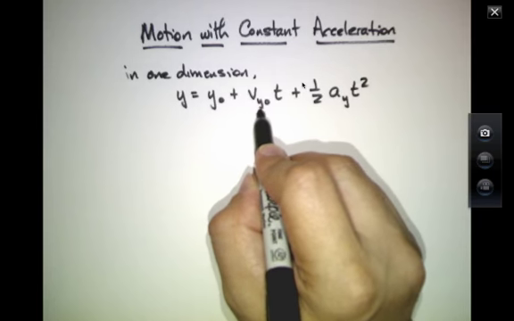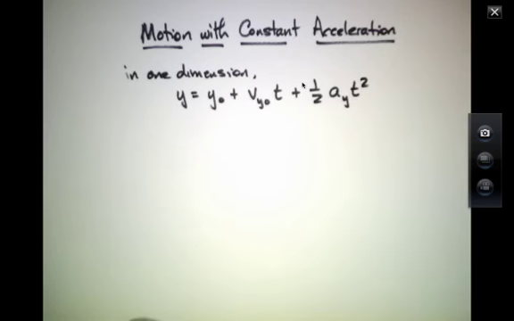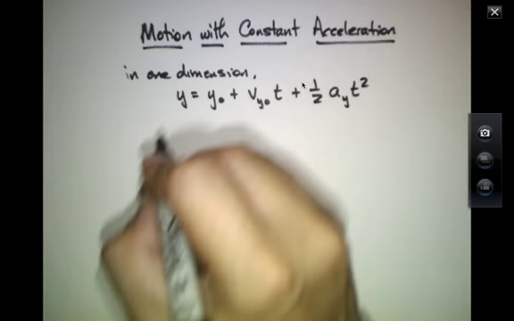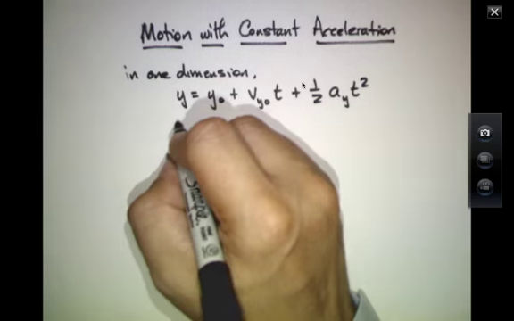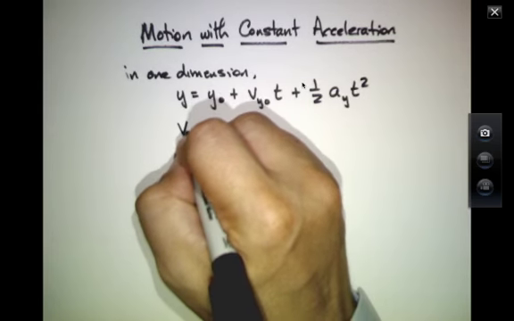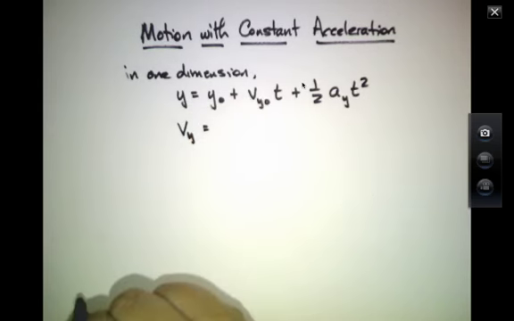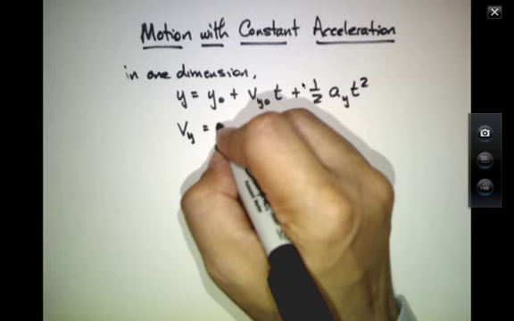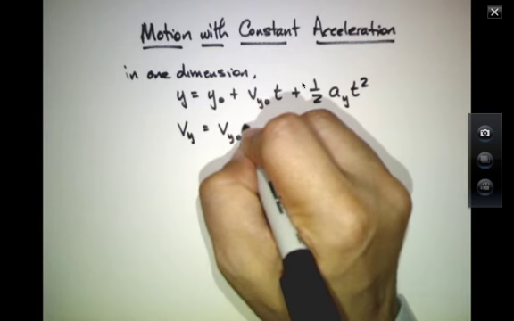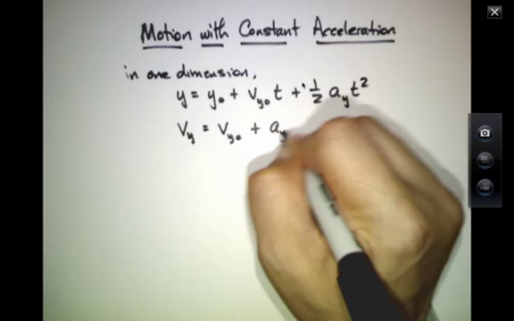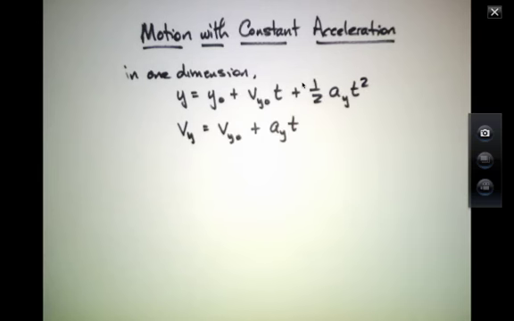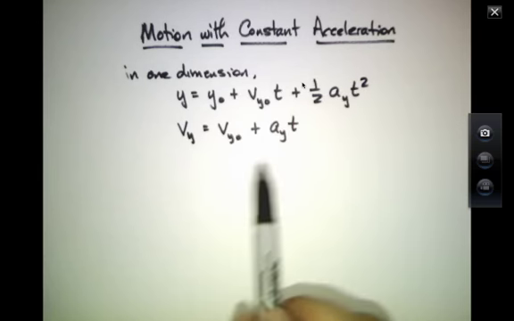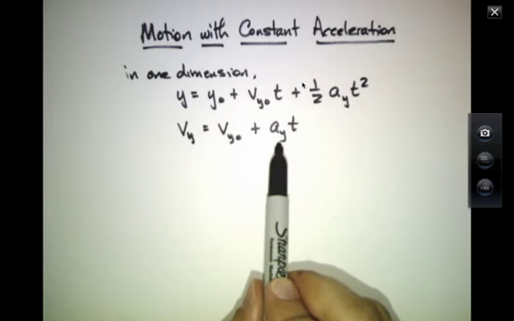Notice I'm writing a vy naught and ay. That's because I'm going to talk about two dimensions here momentarily. But in the other equation, what we have to remember here is that this velocity in the y direction under uniform or constant acceleration would grow or decrease linearly with time depending on the sign of that acceleration.